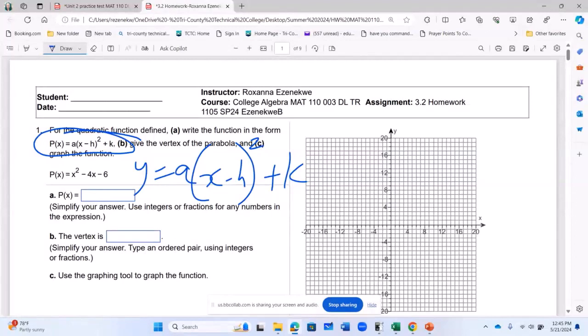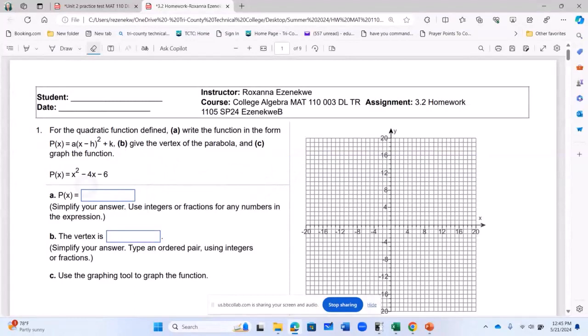where (h, k) is the vertex. So we are given this function and we are told to write it in vertex form. In other words, rewrite this quadratic equation in this form. First of all, I'm going to move the constant to the left, so plus 6 on both sides.